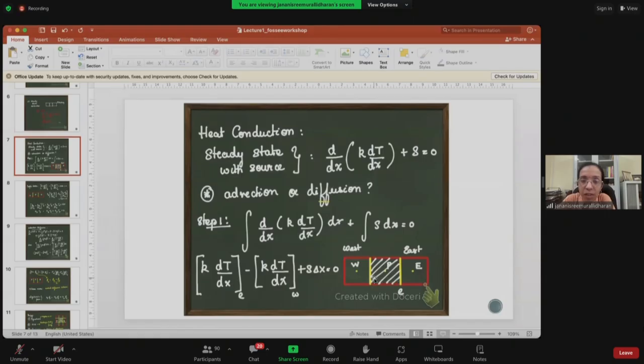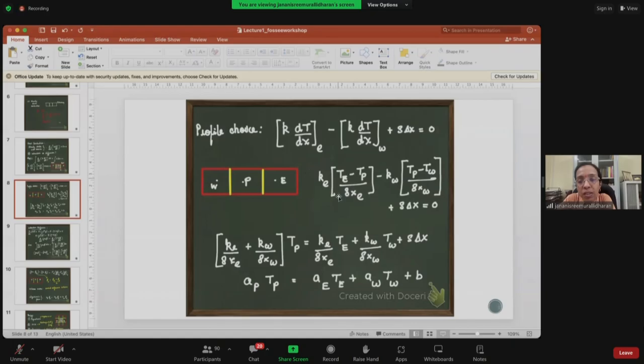So if P is the cell, we're going to integrate it from the west to the east, right? So when we are integrating, we have this gradient term that is formed plus the source term plus delta x, correct? Now, when we move on to choosing this gradients, it is TE minus TP by the distance between the cell centers.